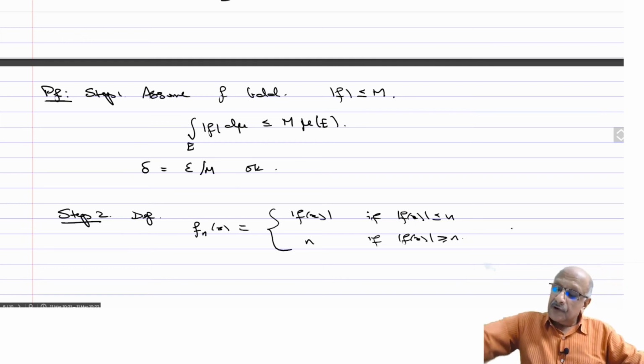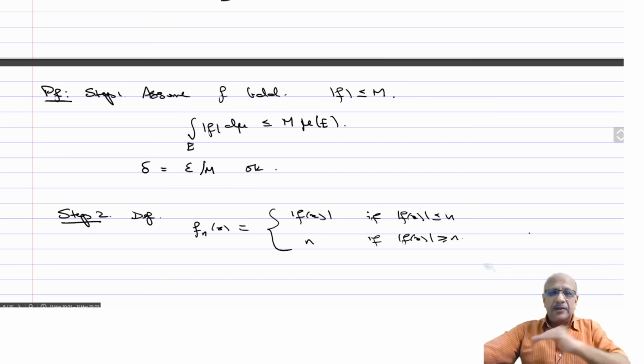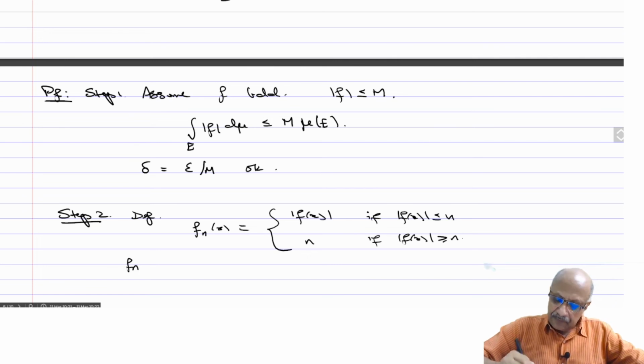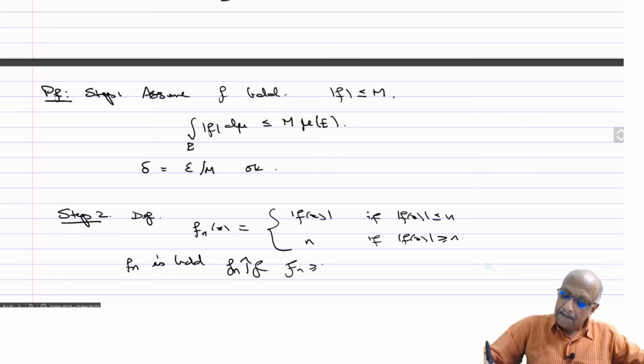So this is a cutoff function. You take the function, and when it reaches the threshold of a value n, you cut it off and then fix it as n. Then of course f_n is now bounded, it is bounded by n, and f_n in fact increases to mod f, and f_n is non-negative.